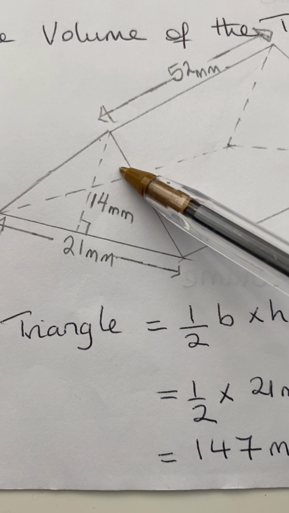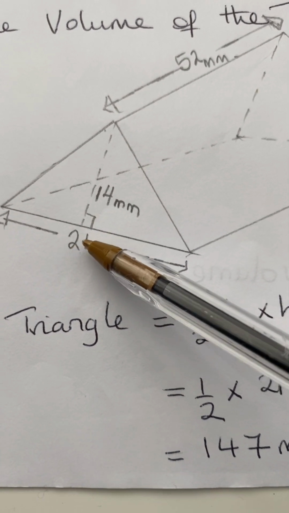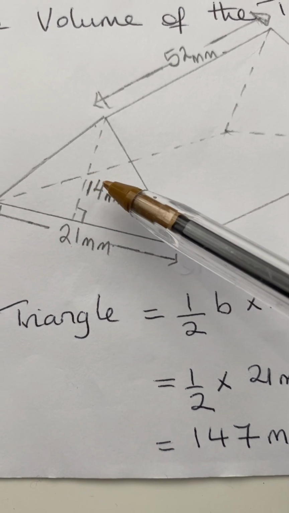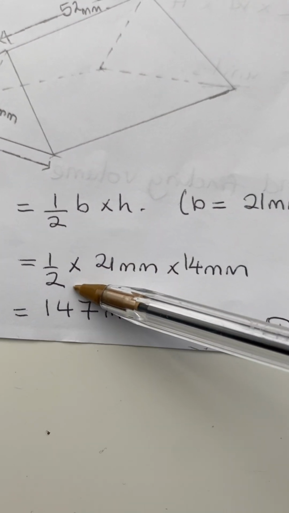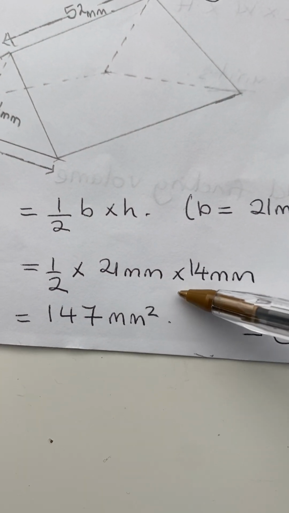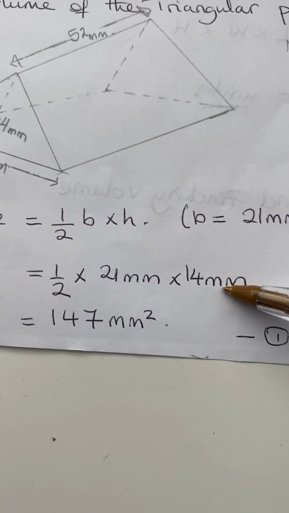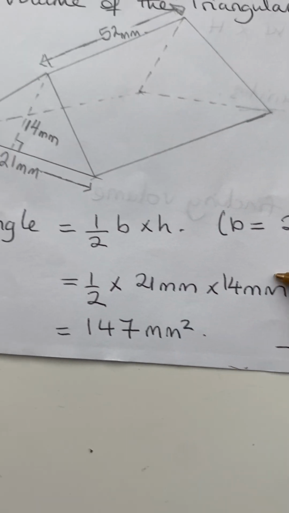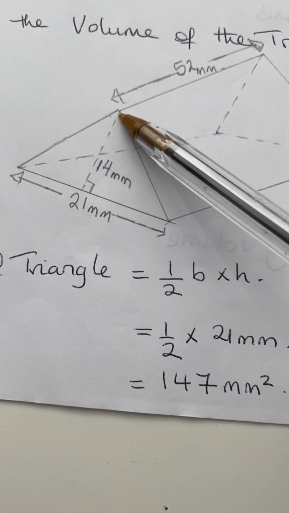So we can find the area of the triangle here, which is half times 21 millimeters times 14. Remember your units. So half times 21 millimeters, which is the base, times the height, 14 millimeters, with this height, not the slanted one here.